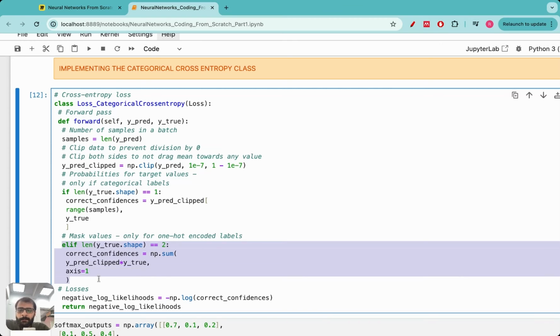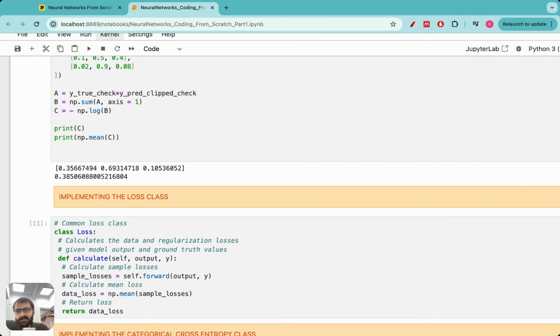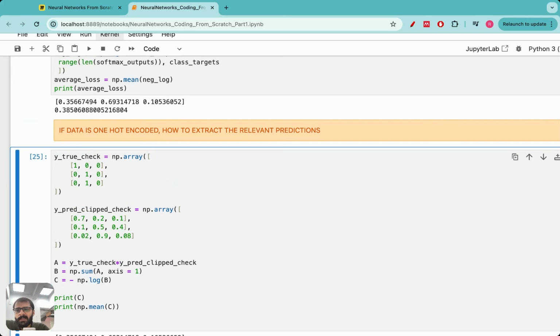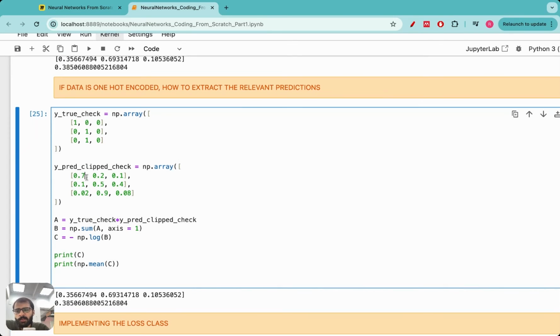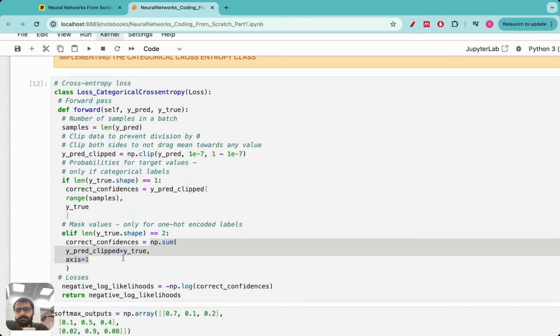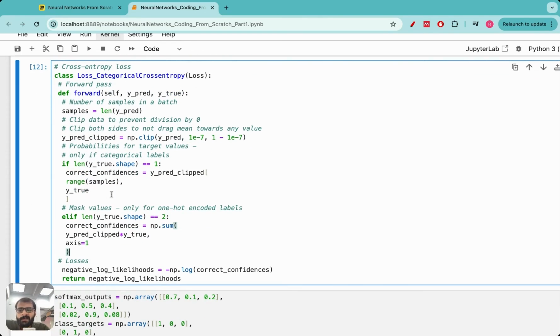Whereas if the true values are one hot encoded, then we take the element wise multiplication and sum it along the axis. So it will lead to an output which looks something like this, without taking the log. So then we will only have 0.7, 0.5, and 0.9.